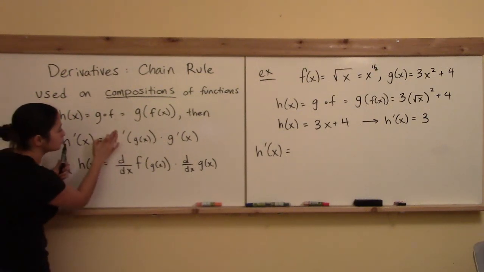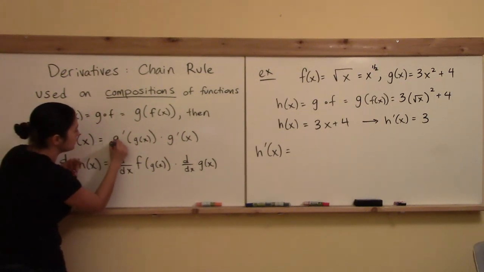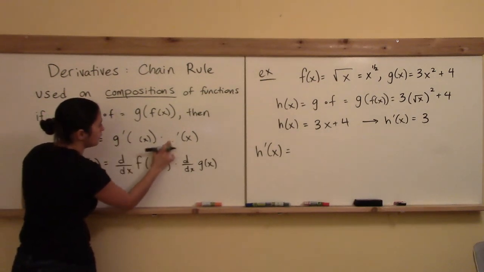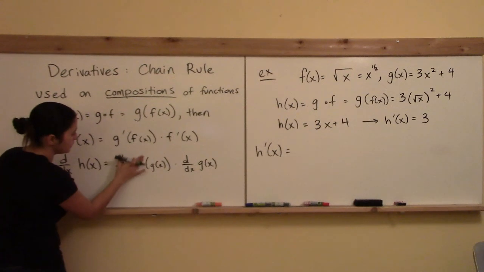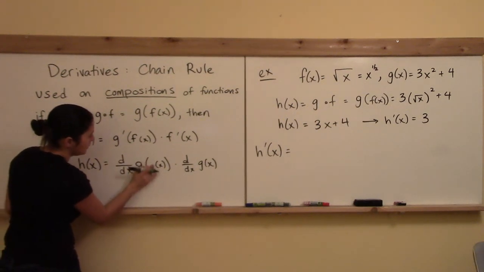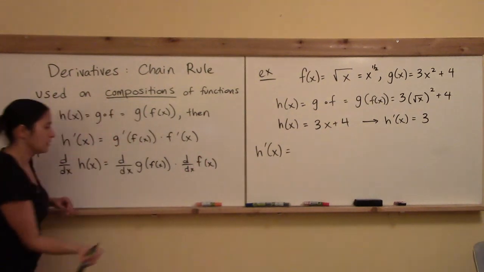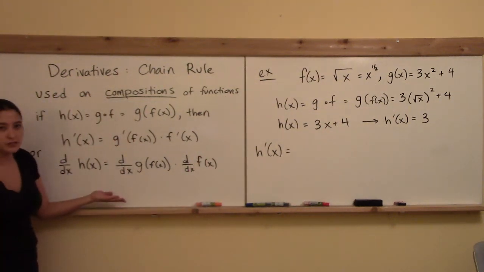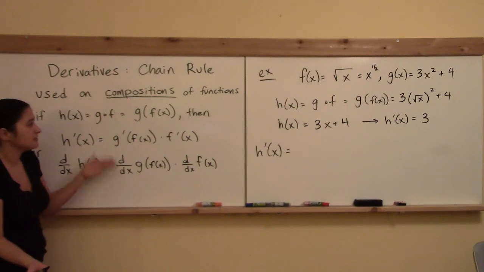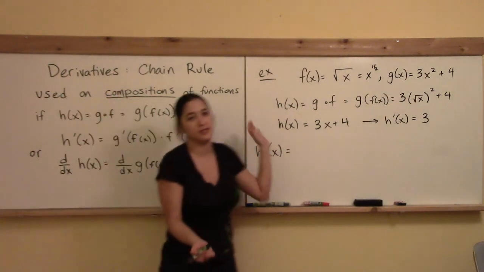That just means I have to switch all the f's here to g's, and I have to switch all the g's here to f's, just like that. Over here, it would be a g on the outside, f on the inside, and then it would be the f right there. Just a little trick, I just switched the g's and the f's, and that's to match with what I've stated over here.